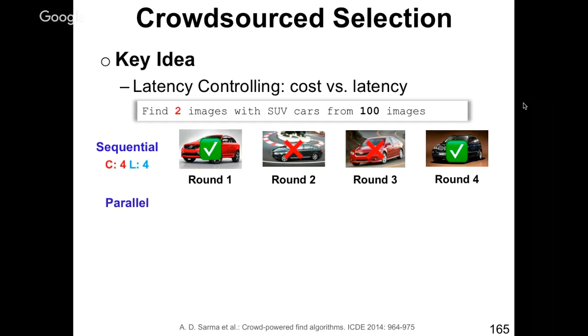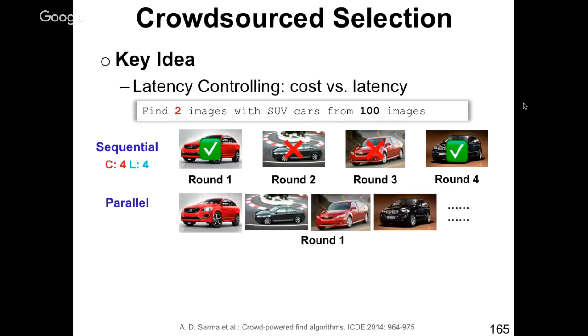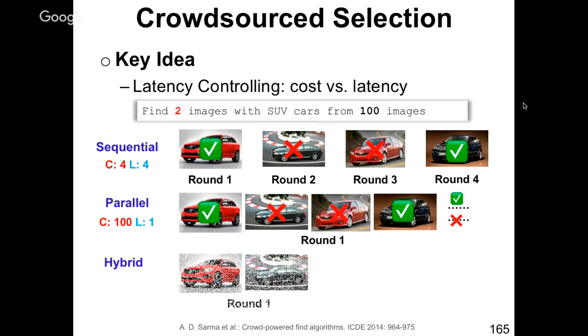The second choice could be parallel: we ask about all 100 images in parallel, and we get 100 questions and 1 round of latency. And absolutely, you may think there could be some hybrid way, like we first ask 2 images together in 1 round, and we successfully identify 1 SUV car. Now we only have 1 remaining car to be found.